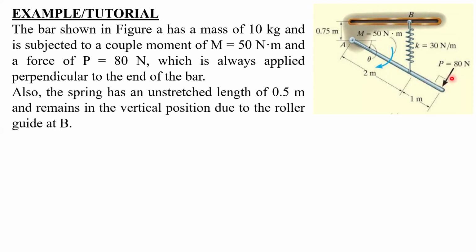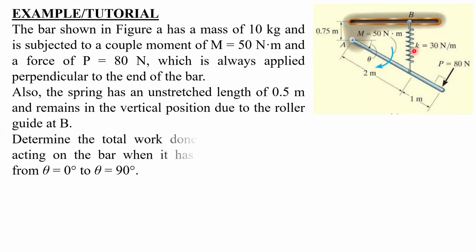The spring has an unstretched length of 0.05 meters. This is the spring, and it remains in the vertical position due to the roller guide at B. Determine the work done by all the forces acting on the bar when it has rotated downward from theta equal to 0 to theta equal to 90 degrees.